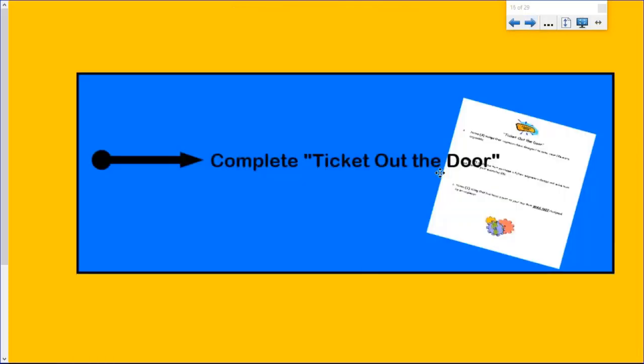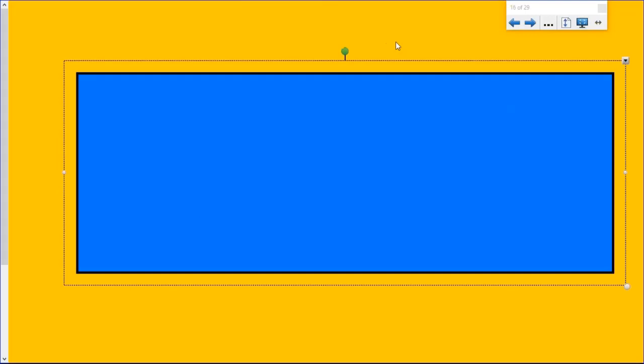And then we have just a little ticket out the door that we use. I think it's going to come up. Maybe not. But the ticket out the door says, can you name one piece of great technology that was used in ancient times that correlates to today?